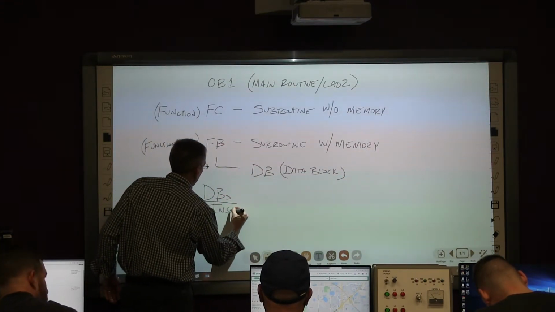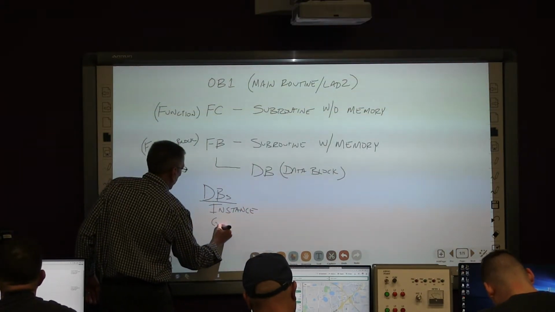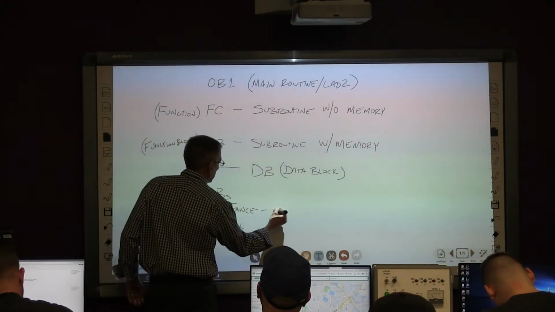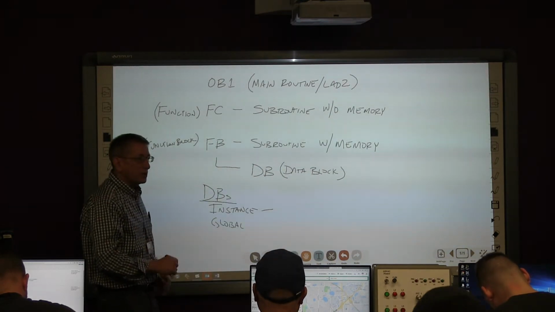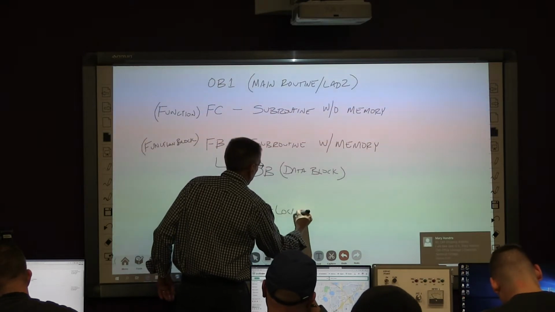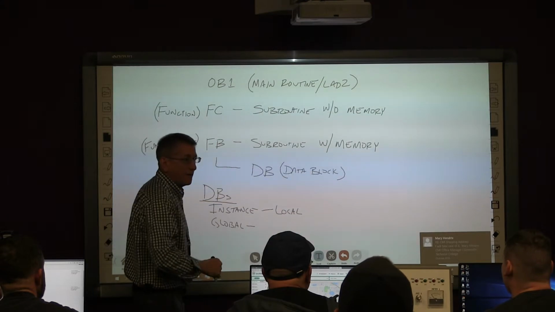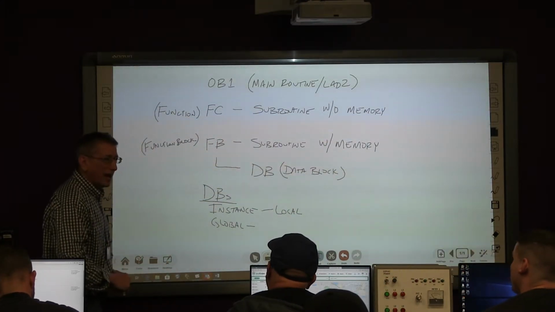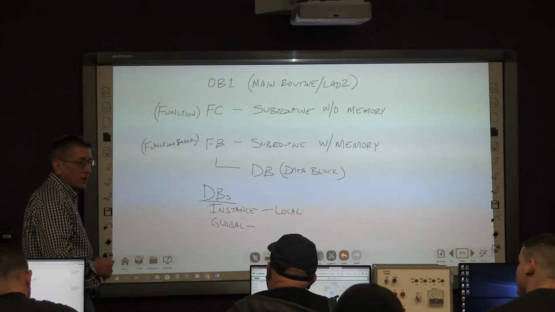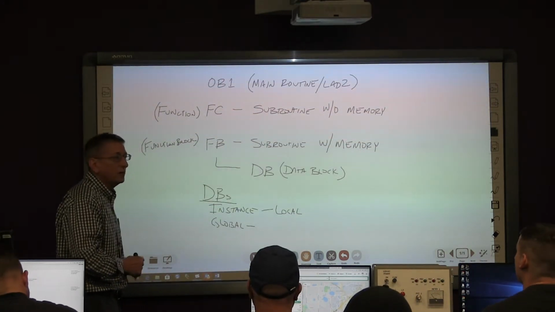So we have instance data blocks, which are local. And then we have global data blocks. Since an instance is a local data block, what does that mean exactly? Think of local tags and global tags. Local, just for a specific code block.